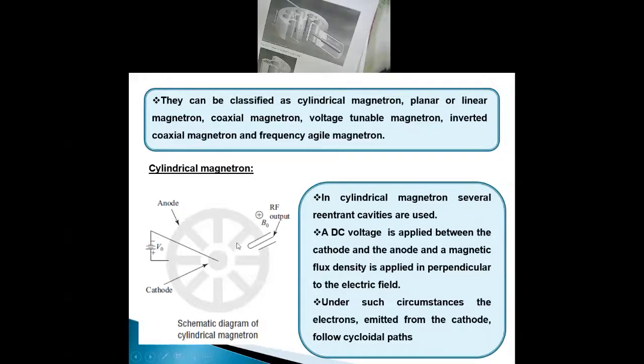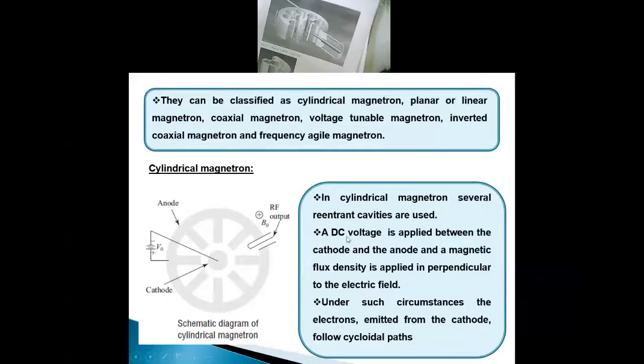But if there is a magnetic field, then because of that magnetic field the electron will bend and return toward the cathode again. At what value of the magnetic field will the electron start bending? So we learn the schematic of this particular magnetron and how it works.